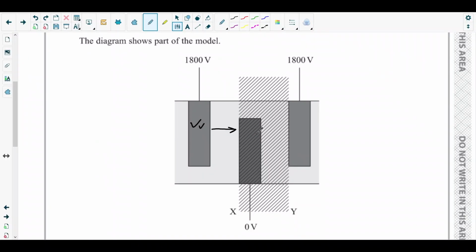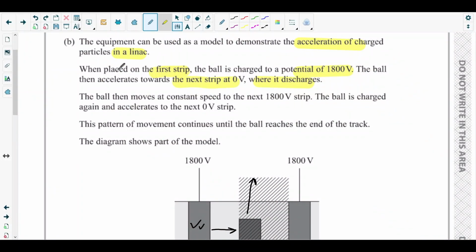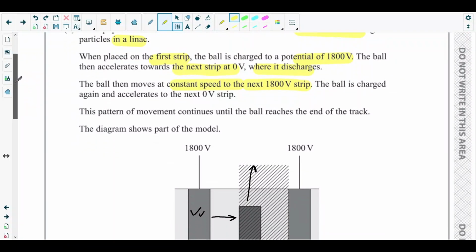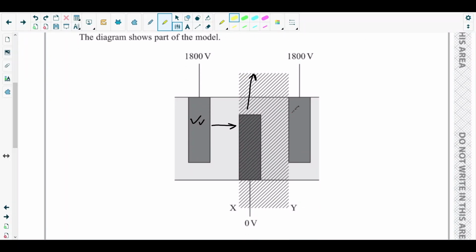Here the ball gets discharged. The ball then moves at constant speed to the next 1800 volt strip. So that means from X to Y, it moves with constant speed.